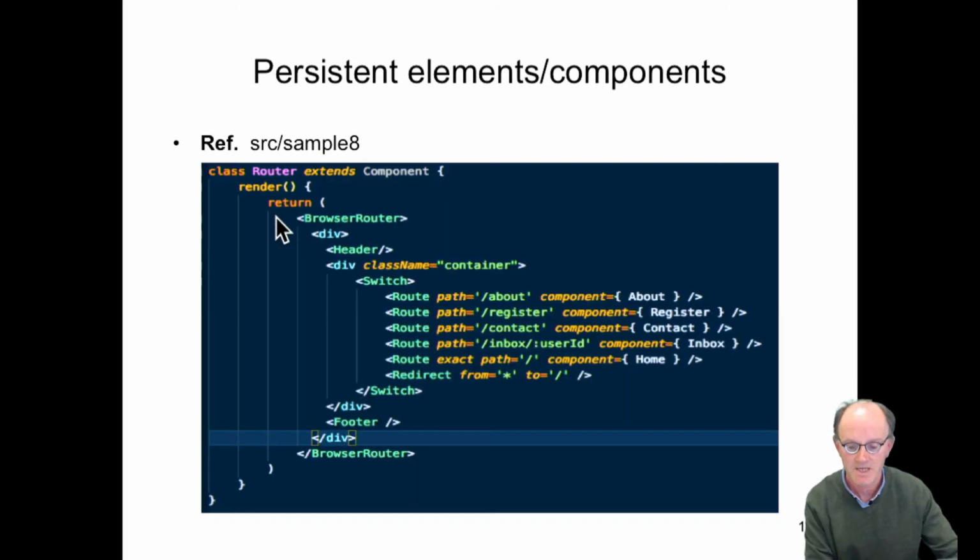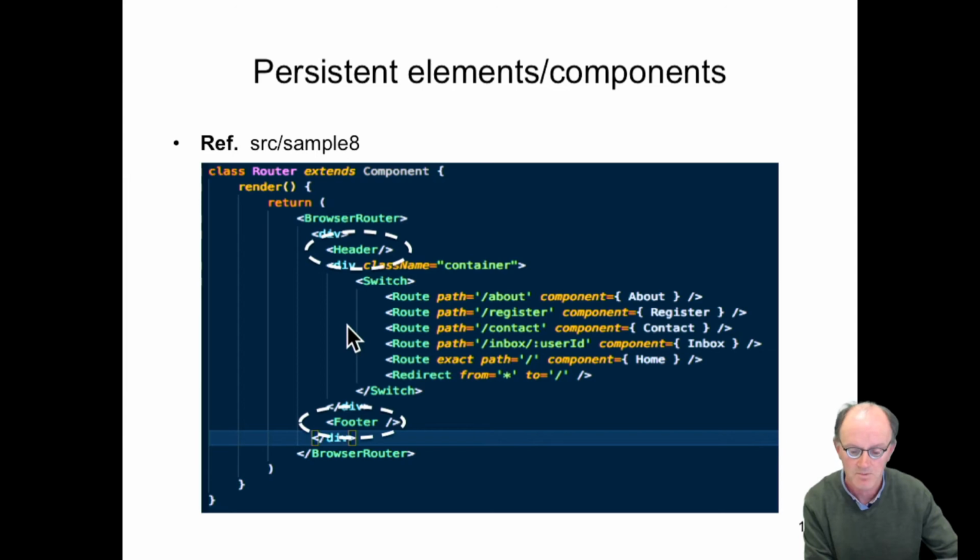It turns out that here's my main router component, which is again the component at the very top of your hierarchy, and it has the routes as normal. But if you notice here, I have a custom component that I've written called header. It doesn't have to take any props, but it could.